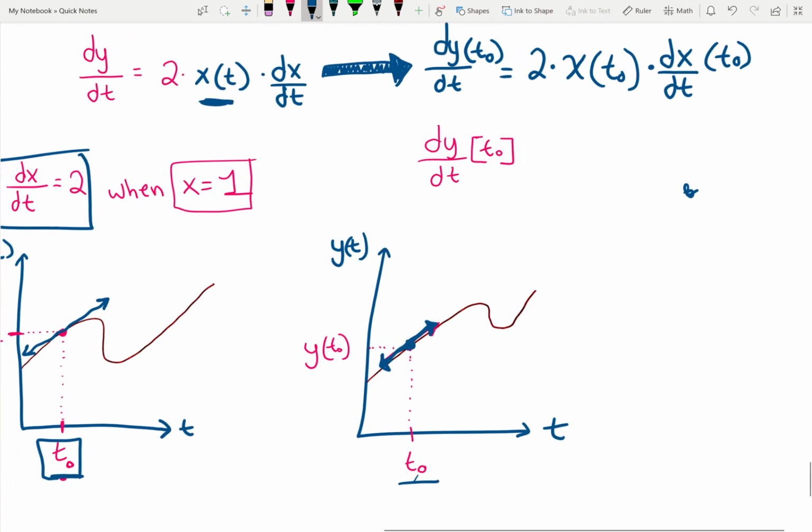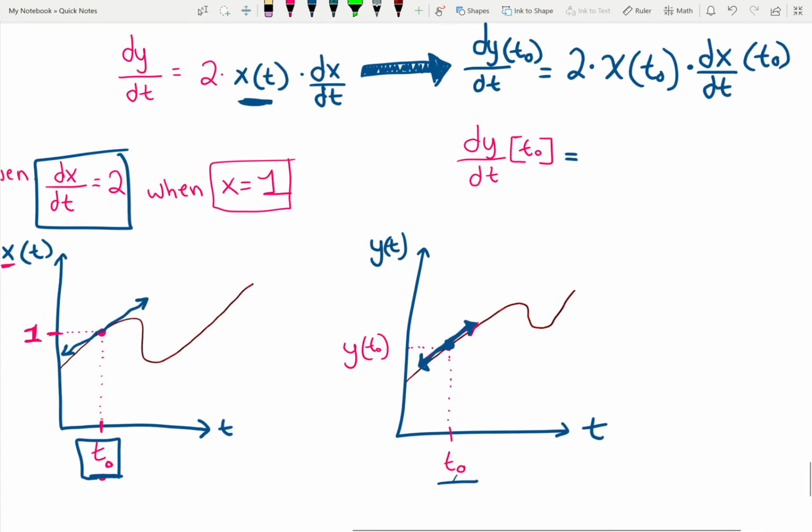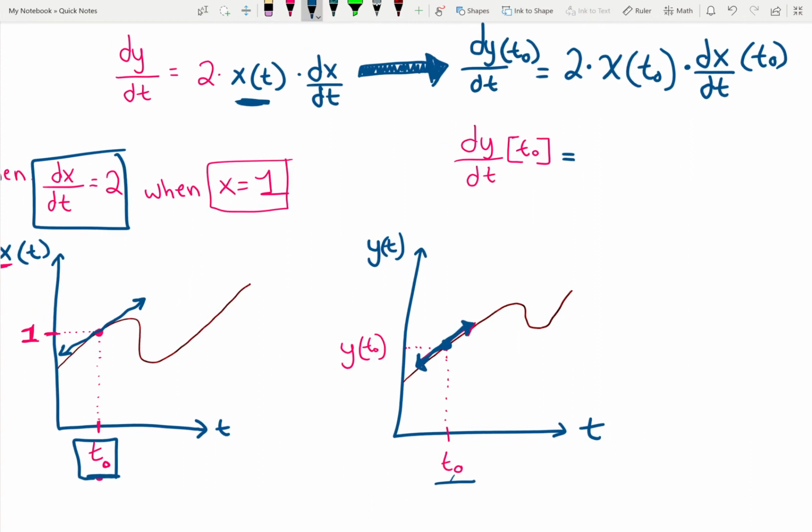So look, we're almost there. We have everything. So we have 2 times, what's x of t0? Well, we said x of t0 is just 1.